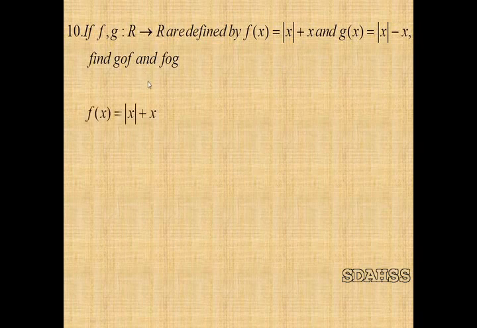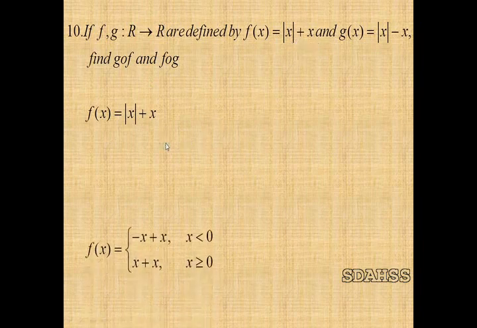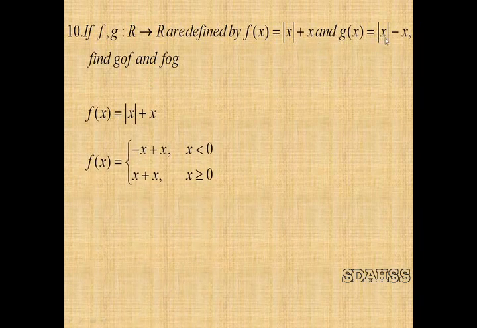Now f of x is equal to modulus of x plus x, and g of x is equal to modulus of x minus x. So modulus of x means plus or minus x.